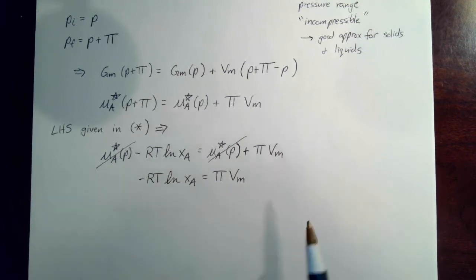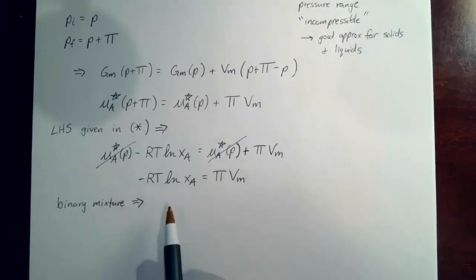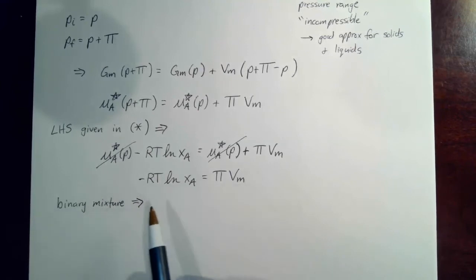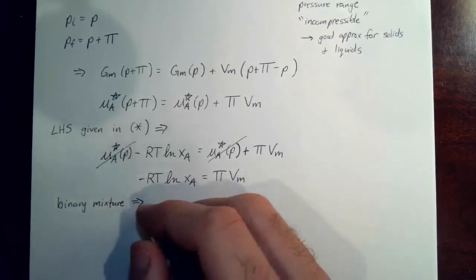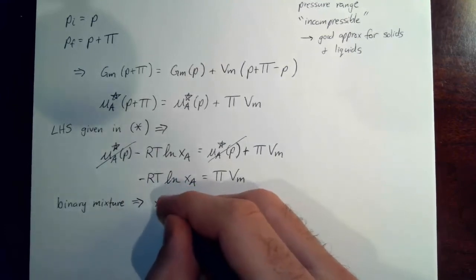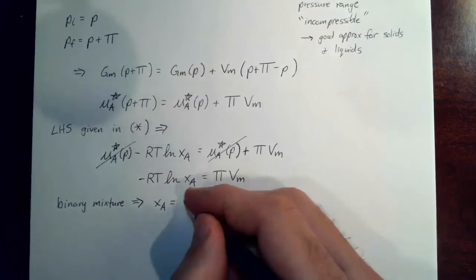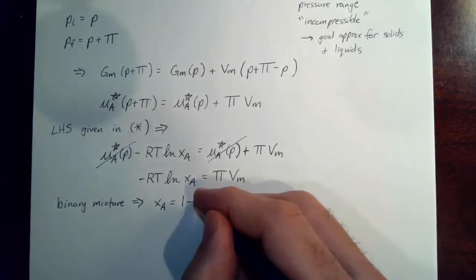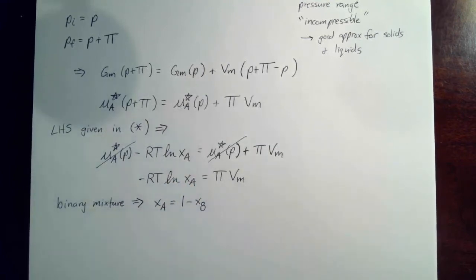We're going to make a few substitutions and approximations to really simplify this. First of all, this is a binary mixture. We just have one solute and one solvent. So there's two components in this mixture. And therefore, XA, the mole fraction, is equal to 1 minus XB, the mole fraction of B. Okay.